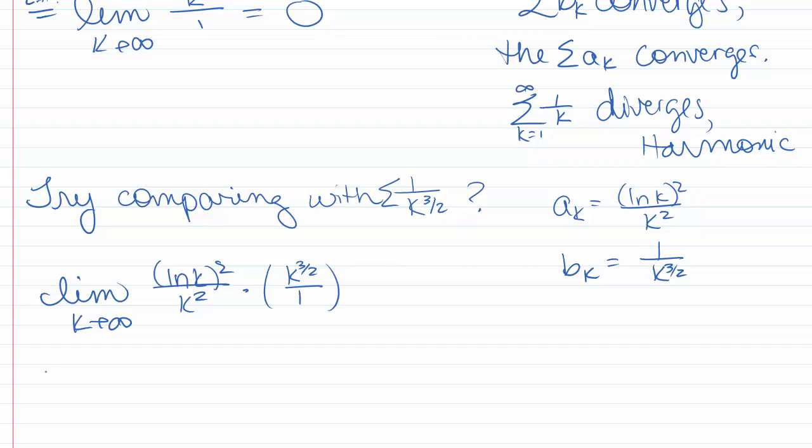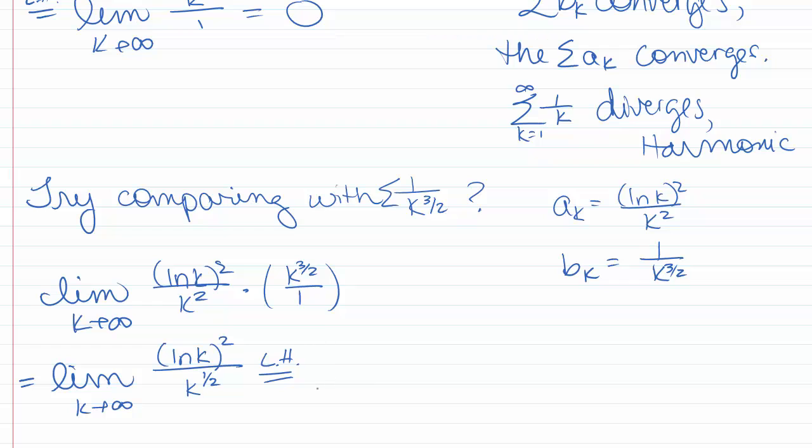And we can simplify this a little bit. This is the limit as k goes to infinity of natural log of k squared over k to the 1 half, k to the 3 halves over k squared. And this is going to infinity over infinity, so let's try L'Hopital.